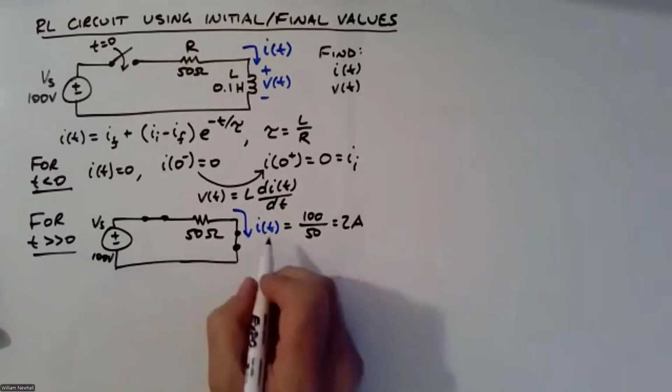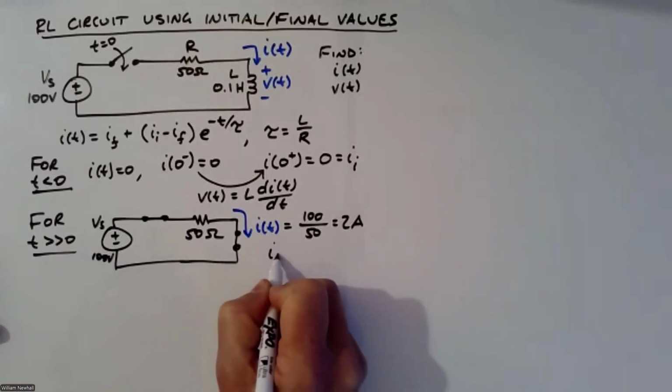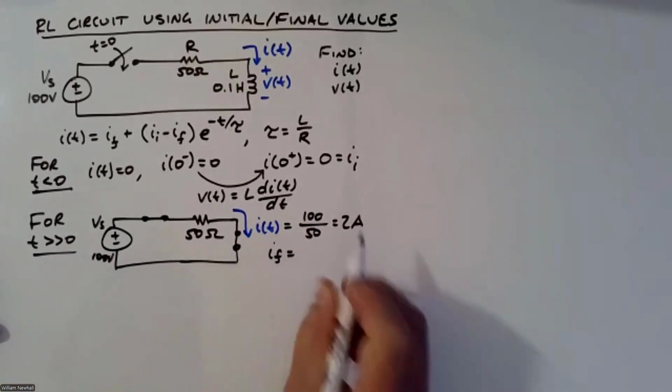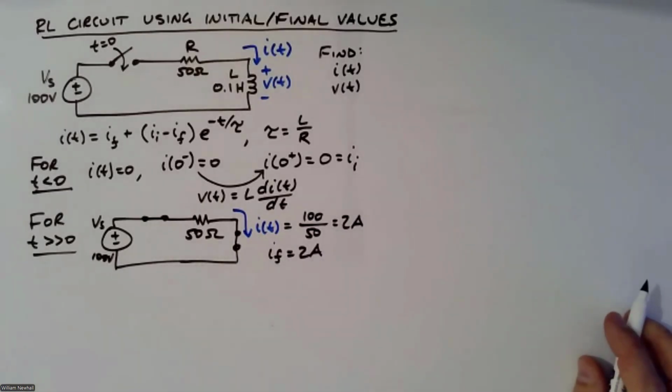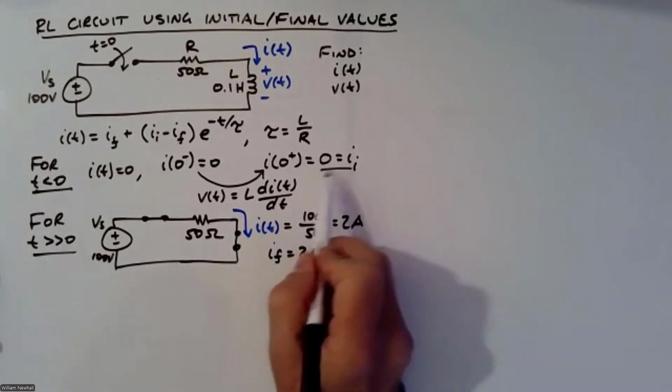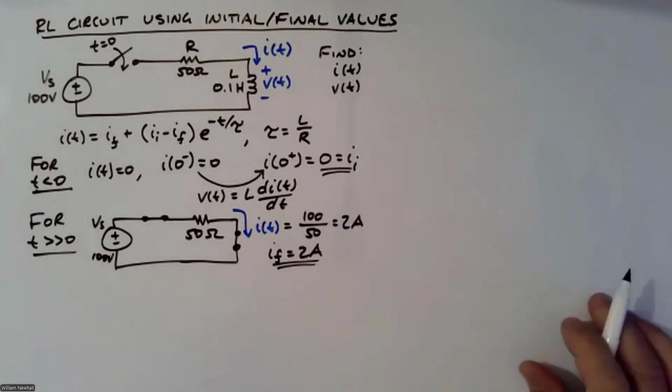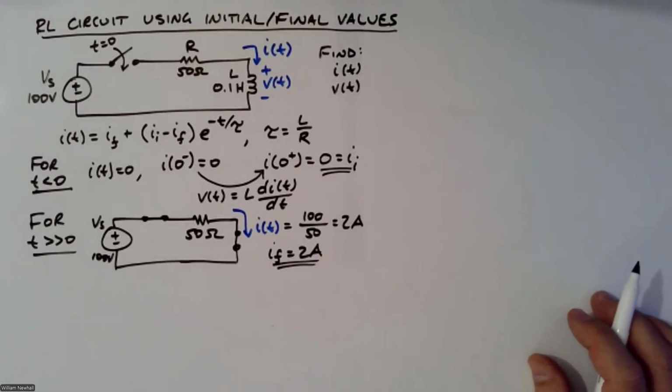For t much greater than 0, that means I_F, the steady state value, is 2 amps. So now we have the initial value and the final value. We need the time constant.